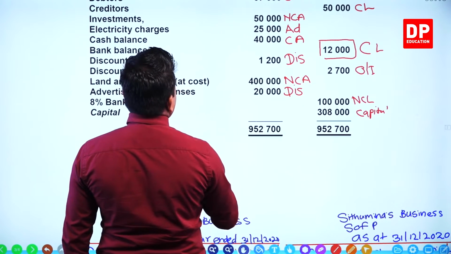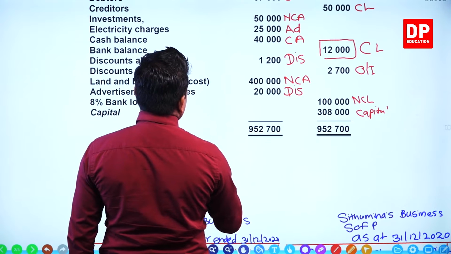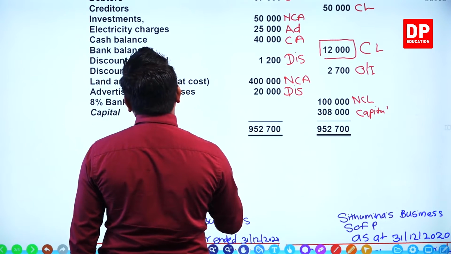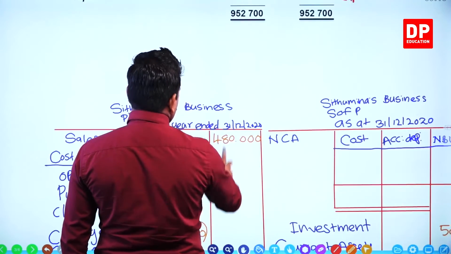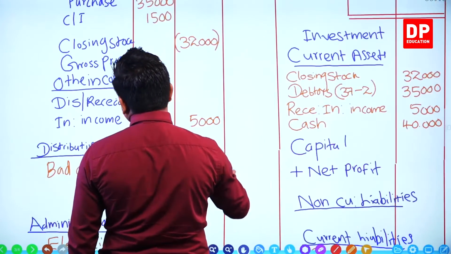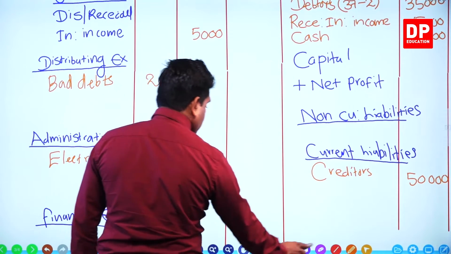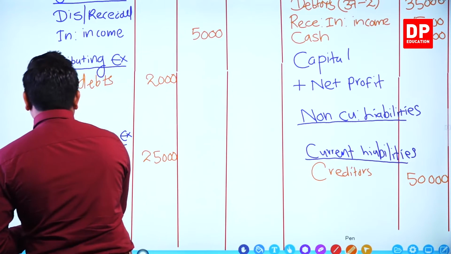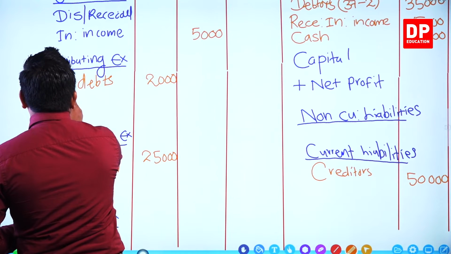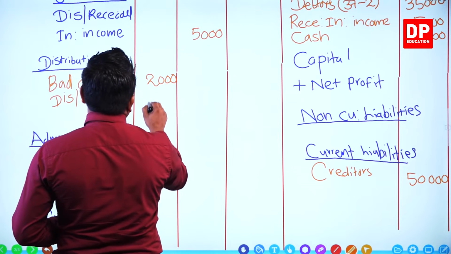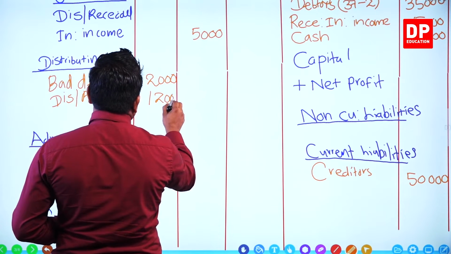Bank balance was given 12,000, but it's a current liability. Discount allowed 1200. Discount allowed, distributing expense. Discount allowed 1200, but 12,000 is what?